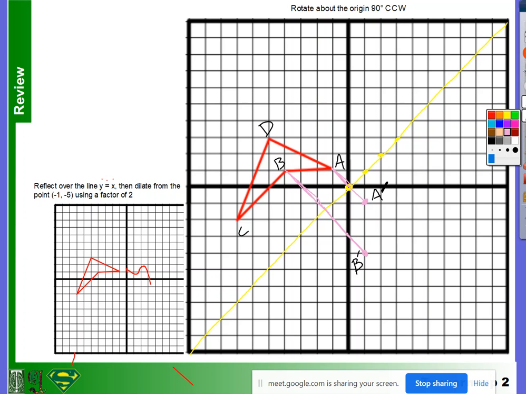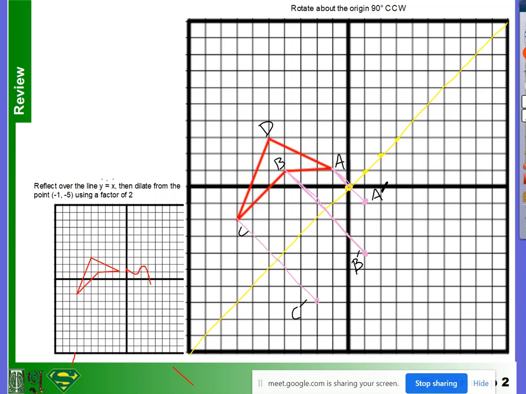All right, how far away is point C from the line of reflection? 2.5. Yes, 2.5. All right, so we have half, 1.5, 2.5. What am I going to name this point? C prime.